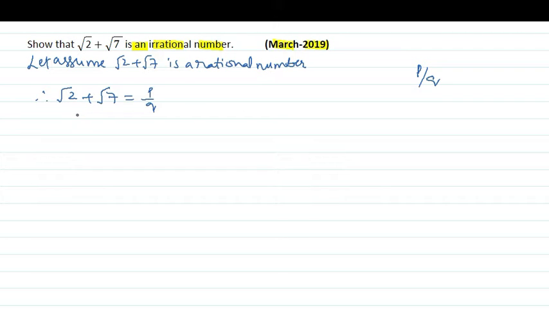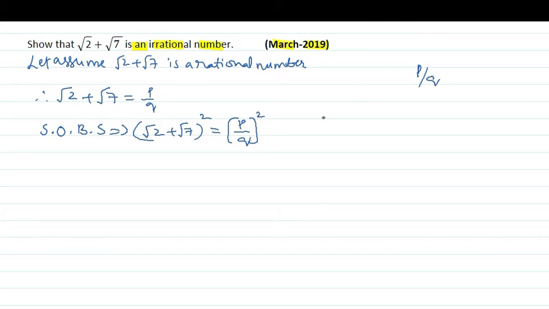As I told you in the previous question, we need to remove the square root and get one irrational number on one side. For that you should square both sides. Then you will get root 2 plus root 7 whole square is equal to p by q whole square.